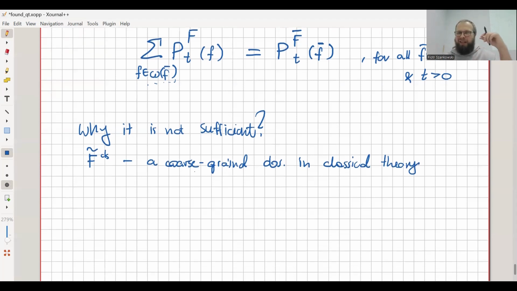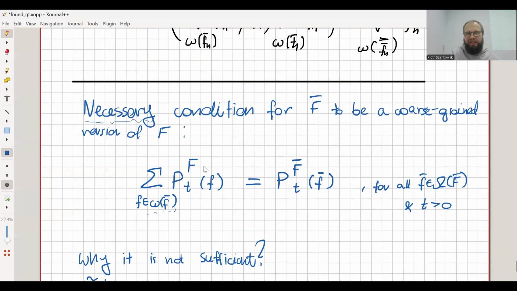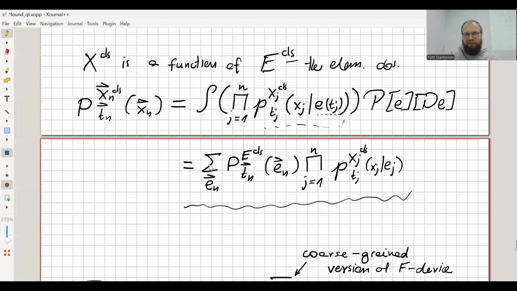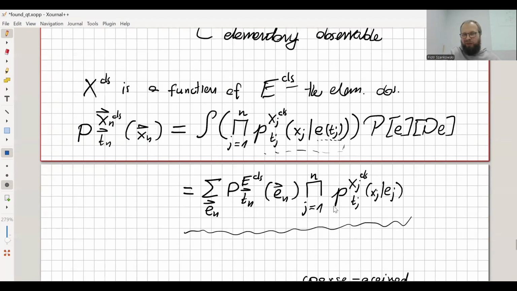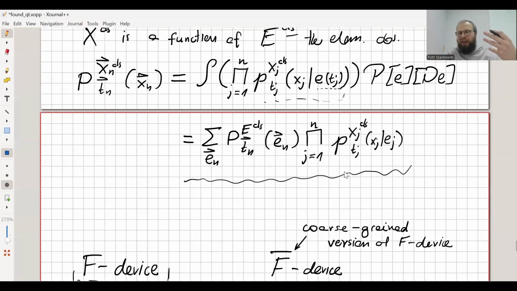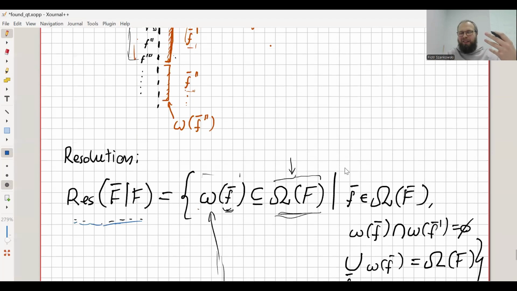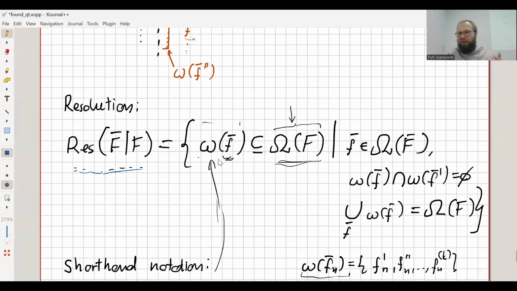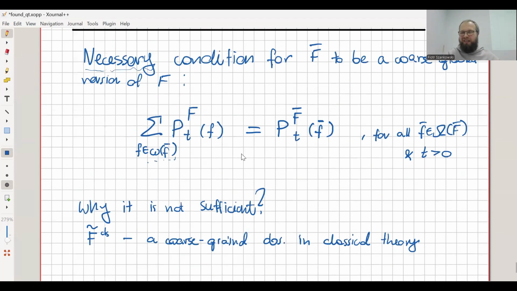To implement our idea of coarse-grained measurement in classical theory, this just amounts to choosing a proper filter function p, small p. If you choose this p properly, you will recover something that can be assigned this kind of resolution and will satisfy this condition, right?